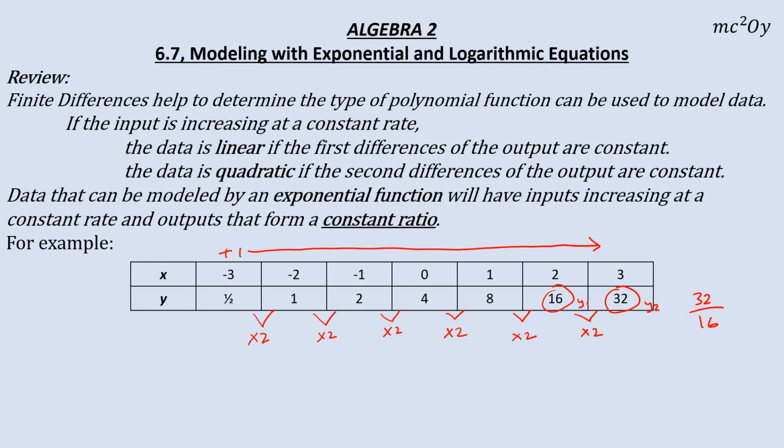Technically, if you're thinking of a pattern, it'd be y sub n divided by y sub n minus 1. That's getting really technical, and you don't really have to know that notation. But you're taking this divided by that, that divided by that, and so on. So this is an exponential right here.